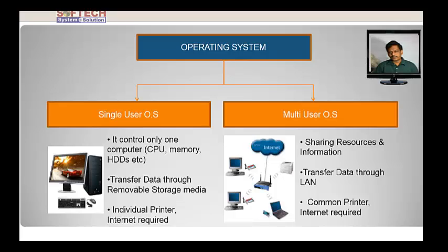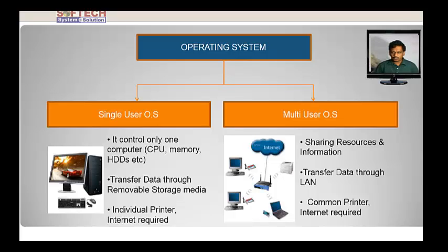In a multi-user operating system, more than one computer is connected for sharing information and resources. Resources mean the printer, modem, and internet. So a multi-user operating system is also called a networking operating system.